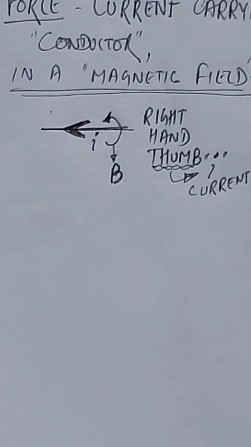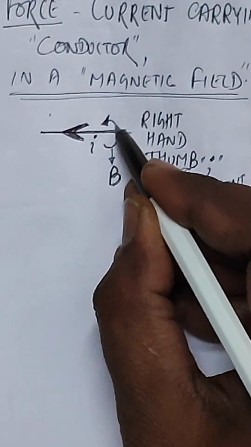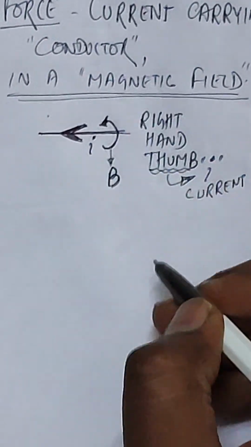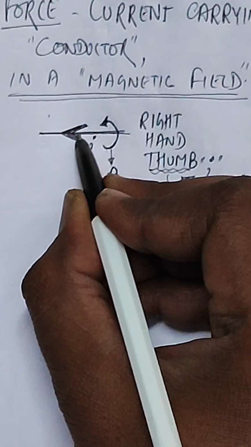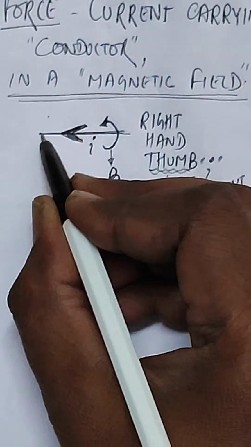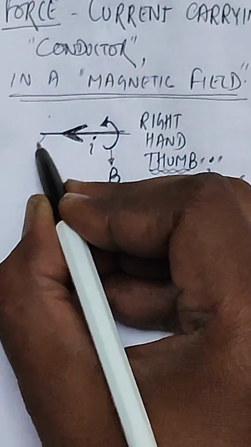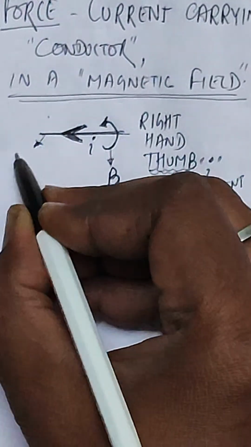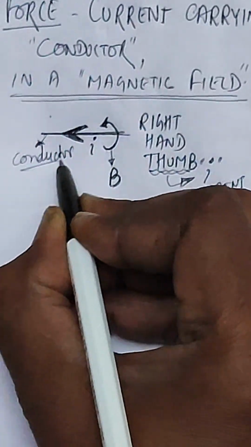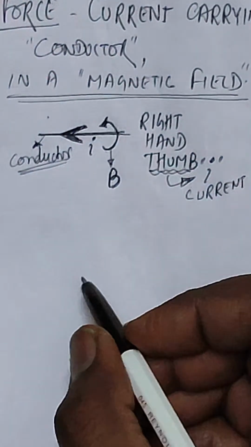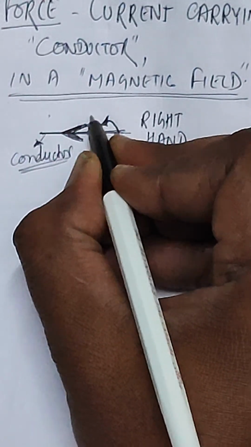Now this curl will give you the direction of the magnetic field. You can see this magnetic field when you look above the top of this wire. This is an electrical wire, or you can say a conductor, and here you can see the field is entering inside the page.